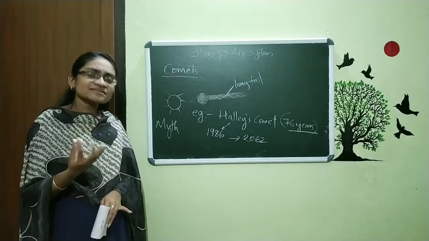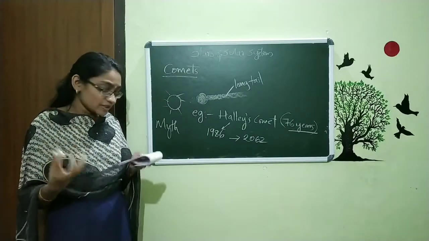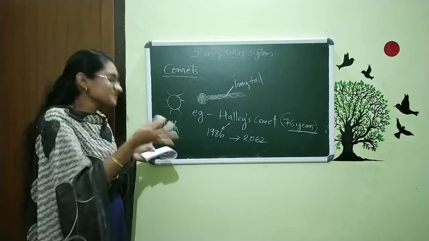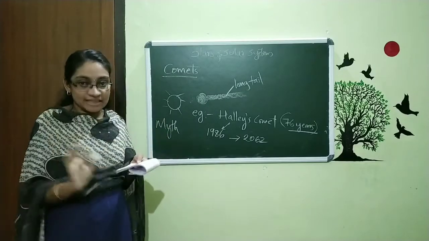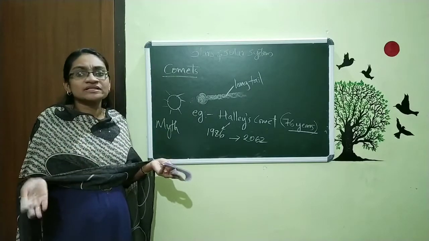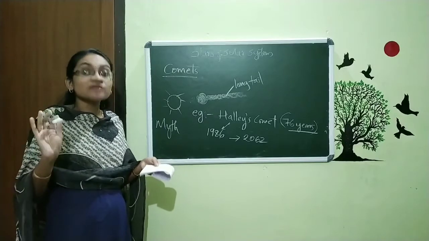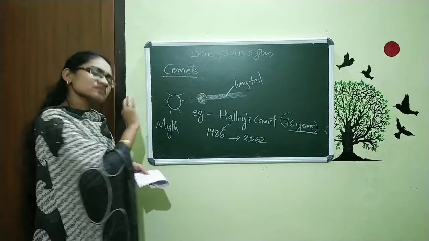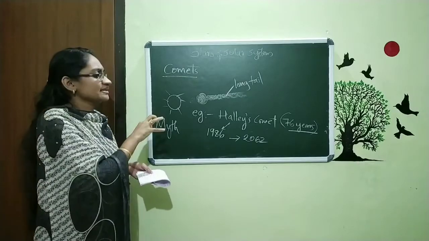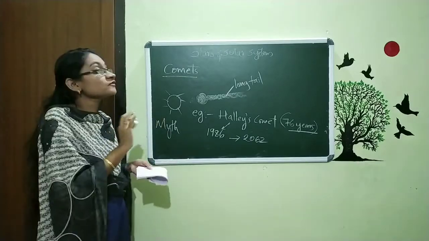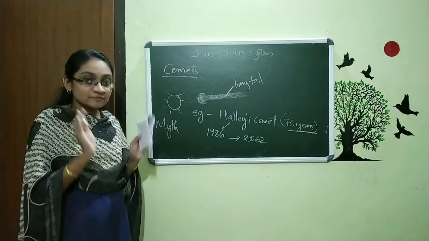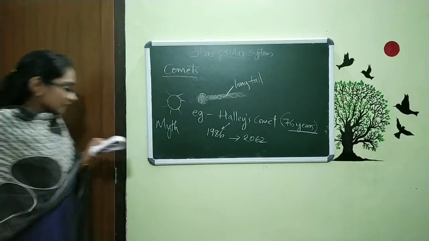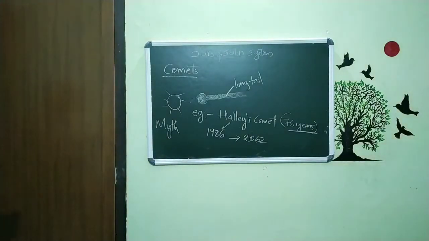A comet is only a phenomenon, an object that comes in our sky and has no role in our life. Don't think it is something mysterious. It is just a star, just look at it like that. We don't have to be afraid of comets, and all such beliefs are wrong. This is about the comets.